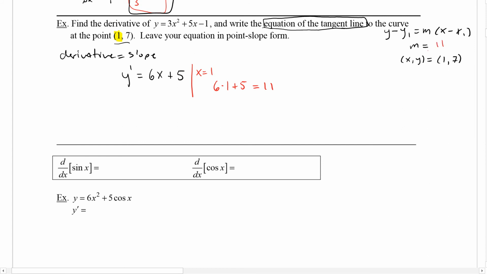Now I have to convert these into point-slope form: y minus 7 is equal to 11 times (x minus 1), and I'm done. Here is my answer.